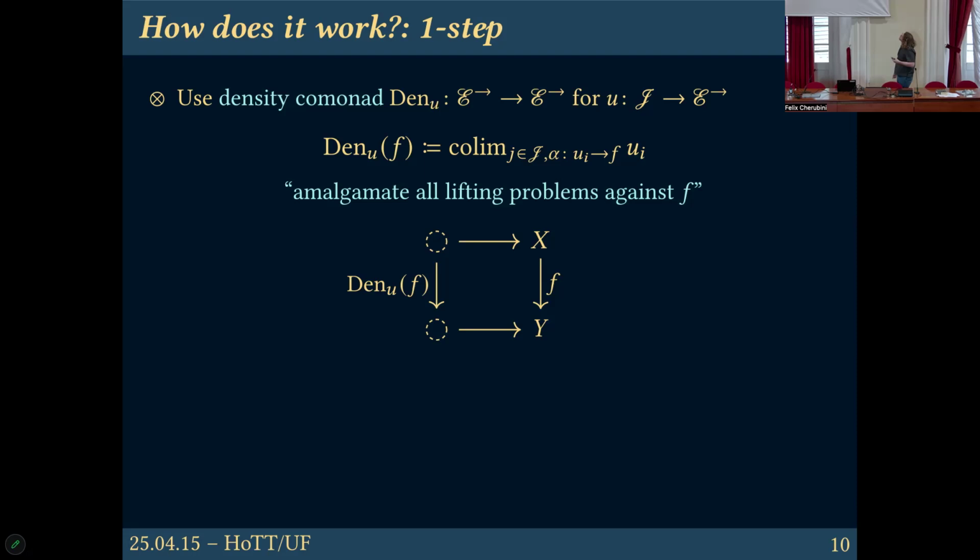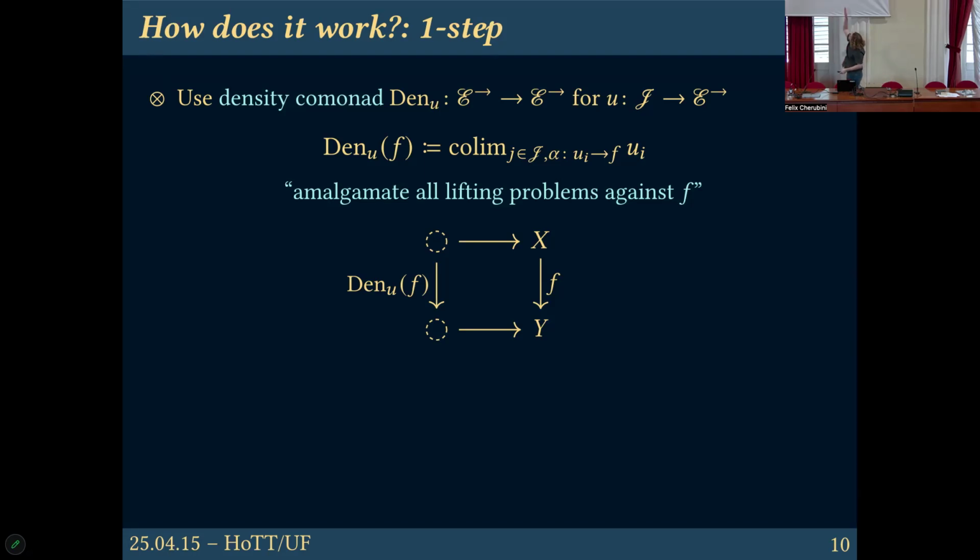What this does in the context of the algebraic small object argument is take a map, so it's a functor from the arrow category to the arrow category, and returns a kind of amalgamation of all the possible lifting problems we could have from the left against this. So it's that co-limit there. We look for all the squares from an arbitrary u, that should be a j, uj to f, and glom them all together.